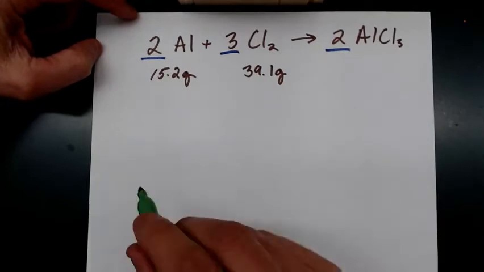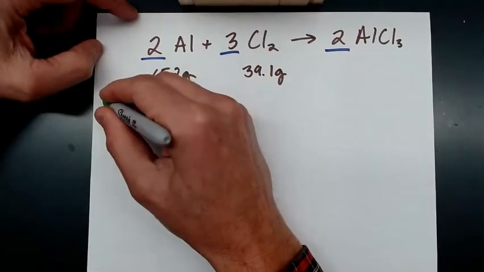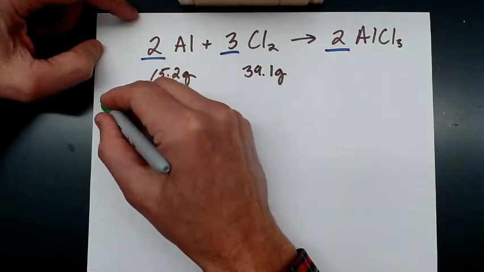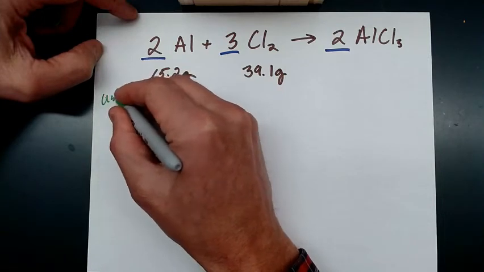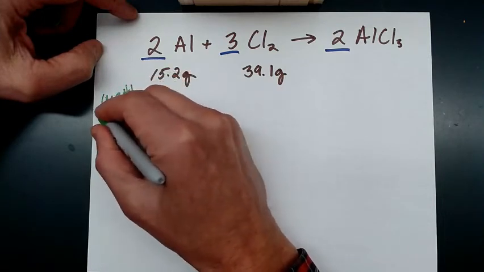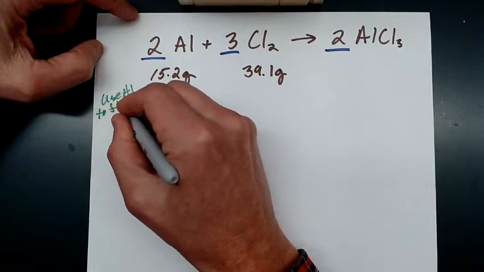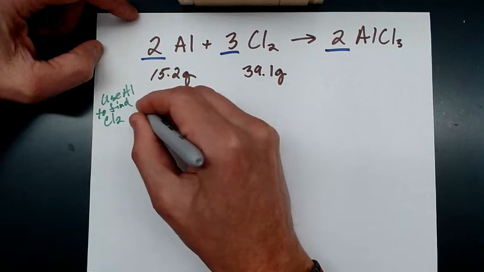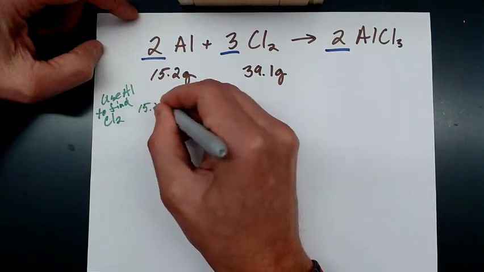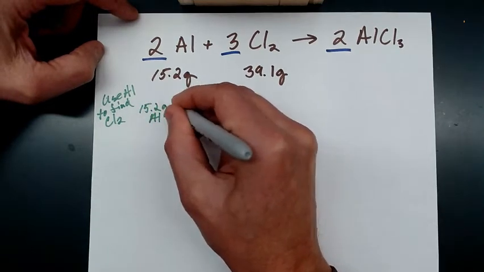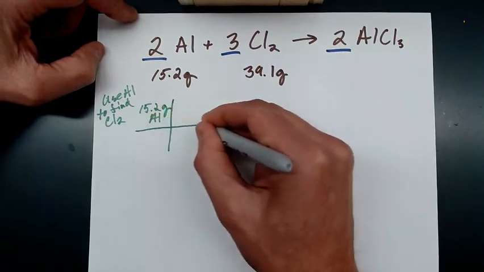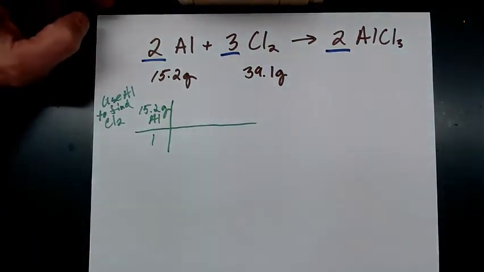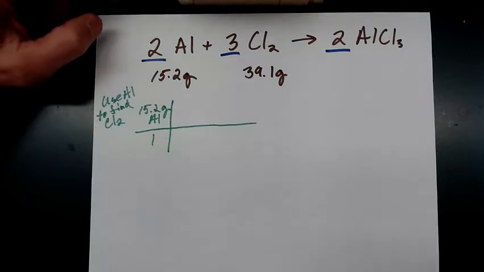And then I'm going to start. So use Al to find Cl2. That's pretty much what I'm doing here. So I'm going to take my 15.2 grams of aluminum and use the method. The first thing I want to do is, this is going to be 4 columns.